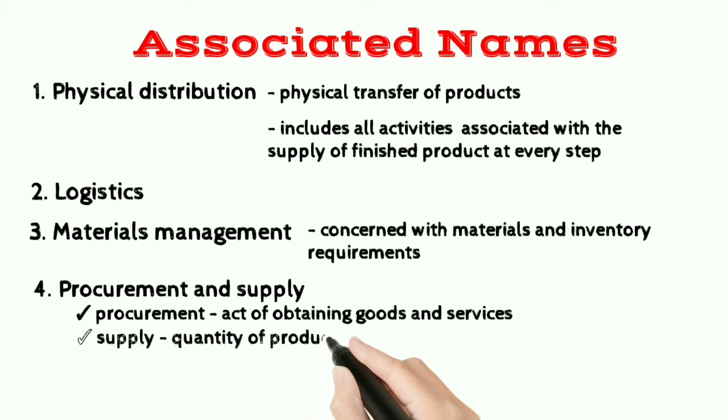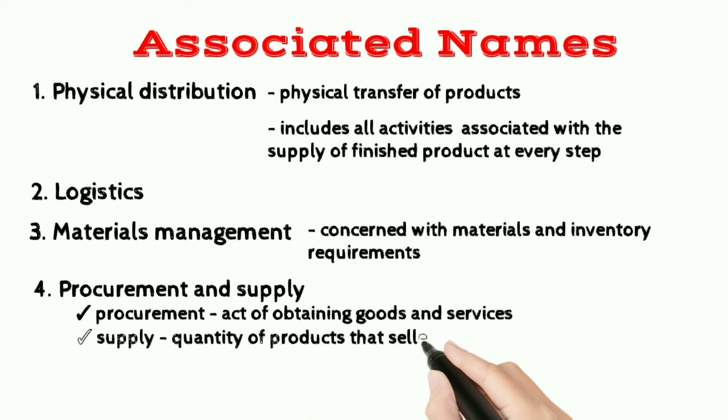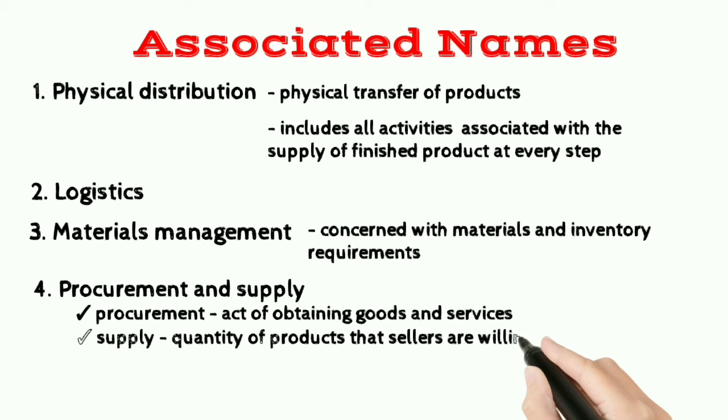Meaning to say, this is the quantity of product that the sellers are willing to sell. This is the opposite of demand. Kasi sa demand, this is the quantity of products that buyers are willing to purchase.